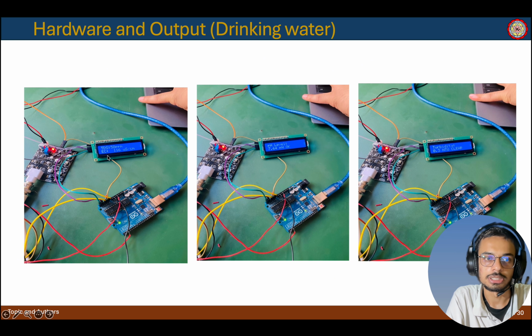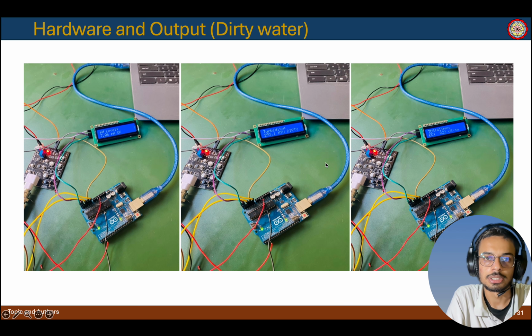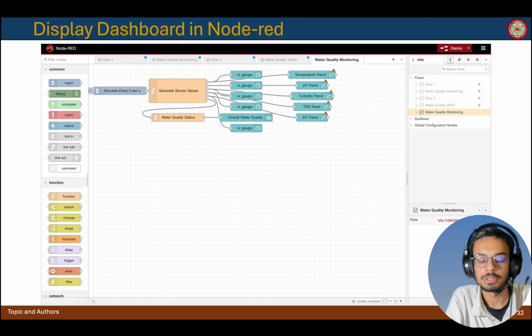You can see the TDS, EC, pH, and turbidity: turbidity 0.3 NTU, pH 7.64, EC 116 microsiemens per centimeter, 58 ppm. This is for the drinking water, and this is for the dirty water: pH 7.06, turbidity 93.1 NTU, and EC 822 microsiemens per centimeter, 411 ppm. This is the Node-RED display.